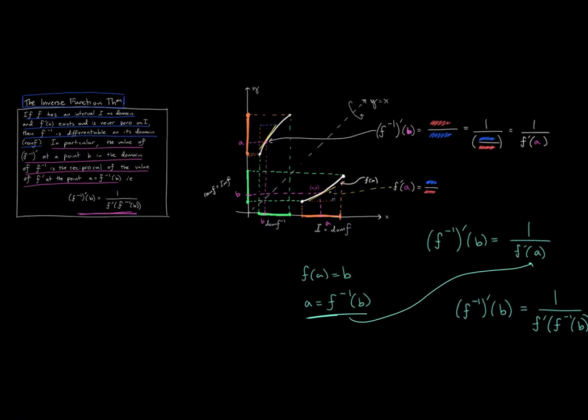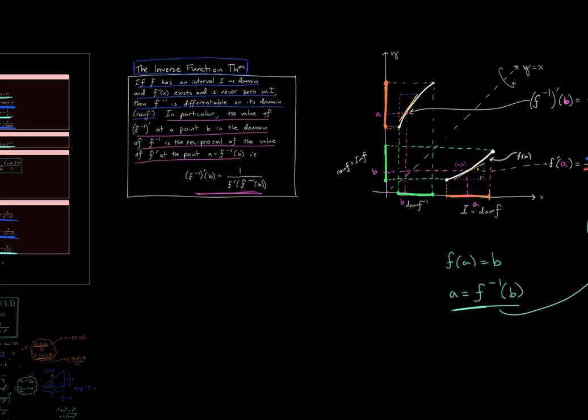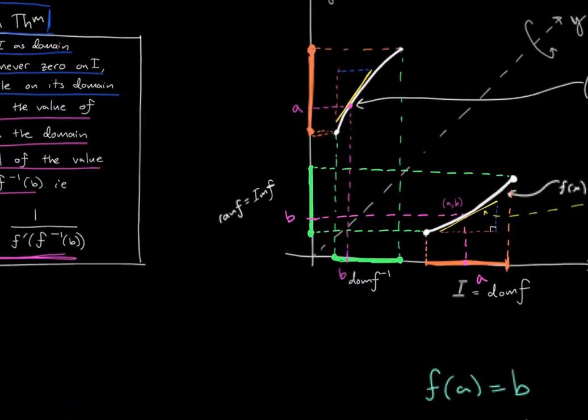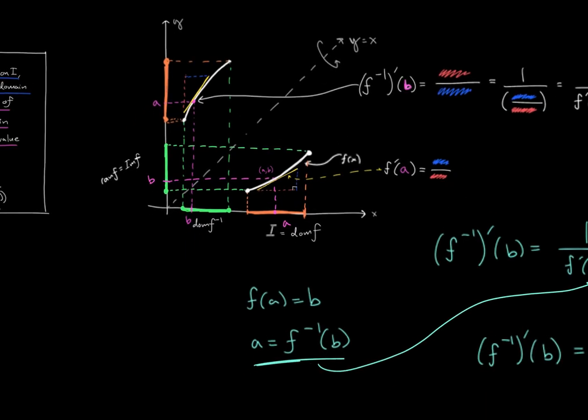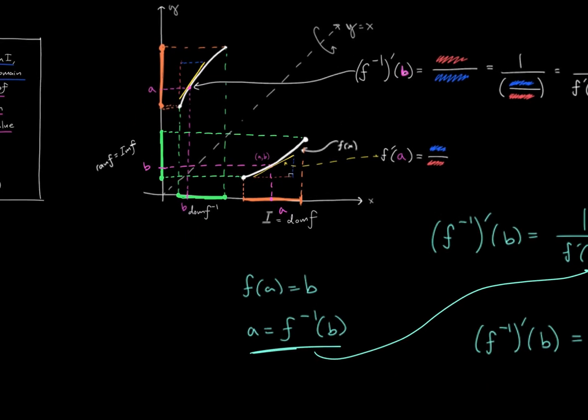I like convincing yourself. It's important in mathematics in general to convince yourself that a theorem is true before you hop into it and prove it. And I like the picture with the colors. It's very convincing to see what we're trying to say. So this was absolutely crucial, convincing yourself of the inverse function theorem and what that inverse derivative must be.